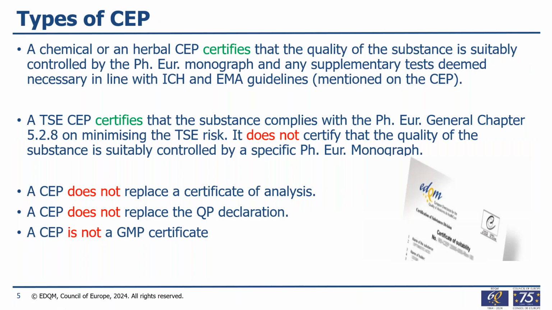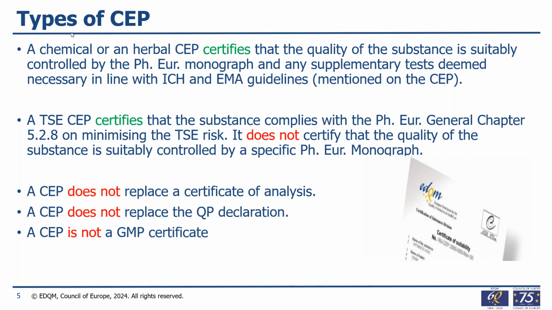So as you probably know, there exist different types of CEP. A chemical CEP or herbal CEP certifies that the substance is suitably controlled by the EP monograph and any supplementary test deemed necessary in line with ICH and EMA guidelines.